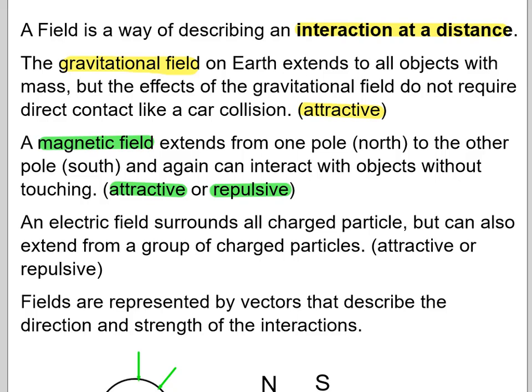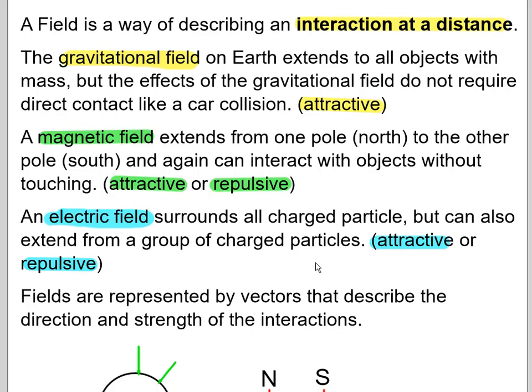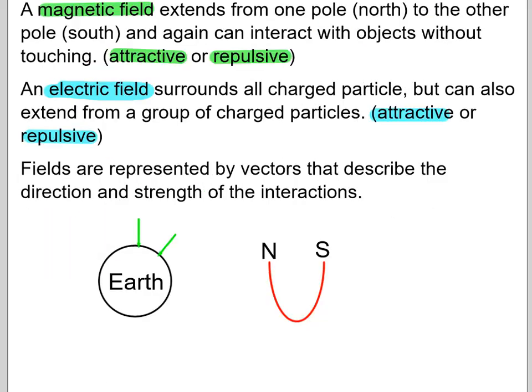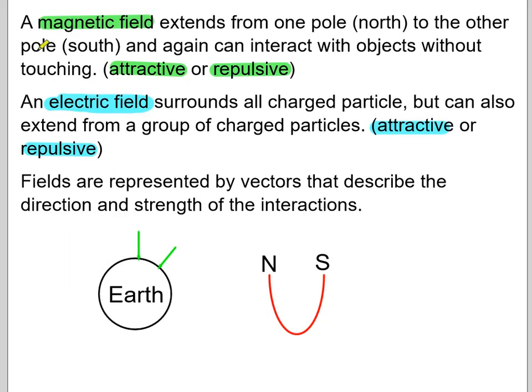Okay, and lastly, and this is the one that is everywhere in your life, you just may not be aware of it, an electric field. So an electric field surrounds all charged particles. It can also extend from a group of charged particles, and it can be attractive or repulsive. Okay, so when we talk about fields, we can show them with vectors and things.